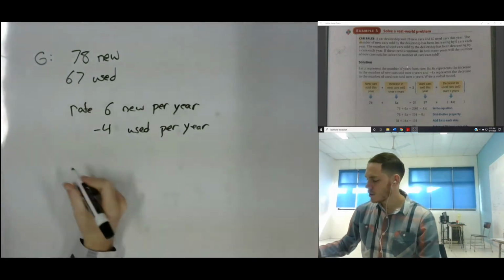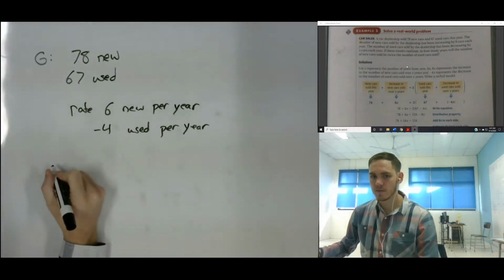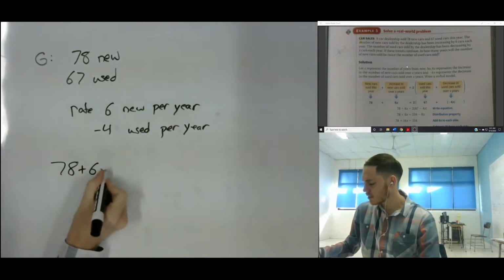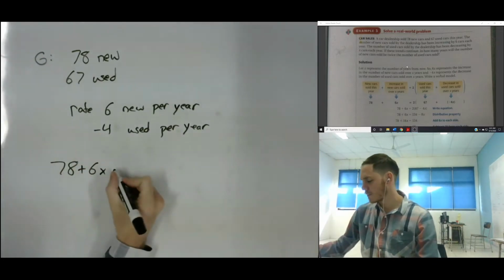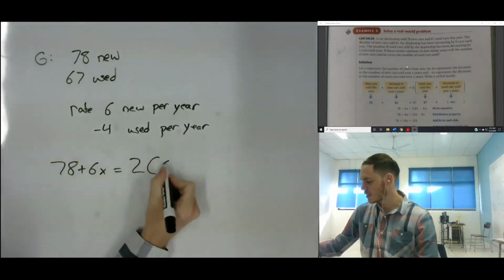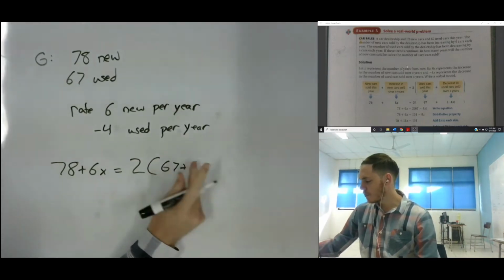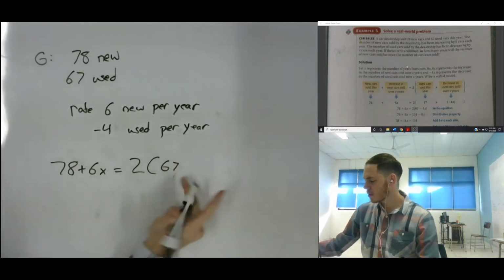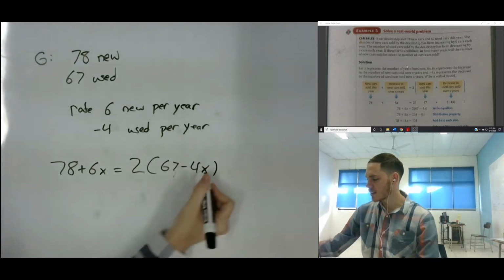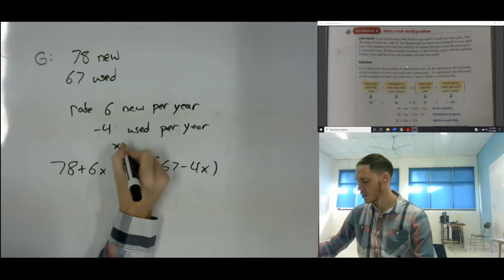Okay, so how many new is 78 plus 6x. X is the number of years. It's going to be twice the number of used. What used is 67 minus 4x. Okay, x is years.